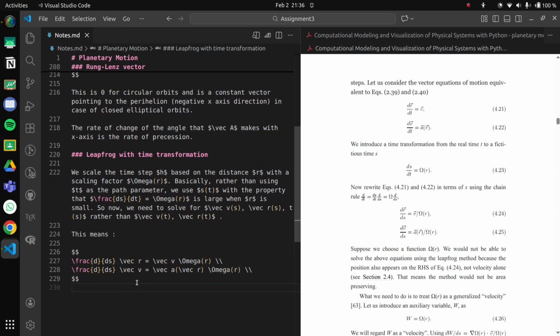Like at a particular time you can figure out what r is and do this thing, except if you remember in the leapfrog, what we actually do is that your r is actually updated, right?